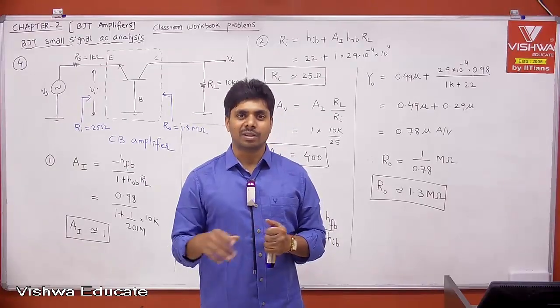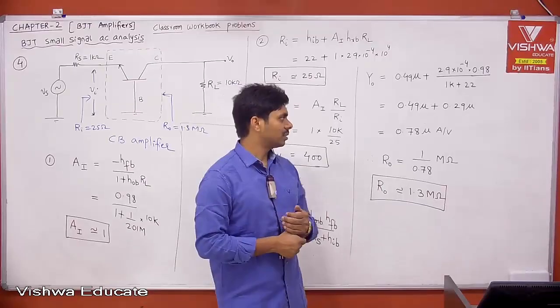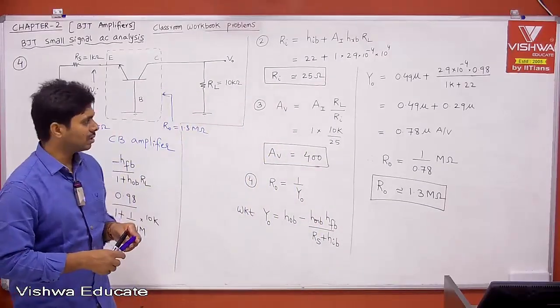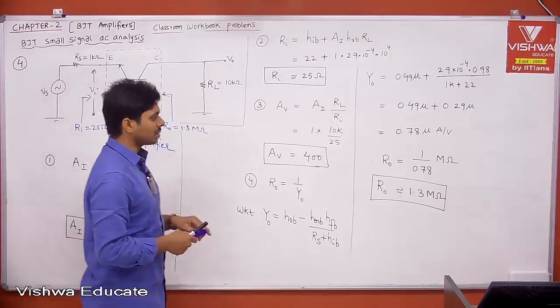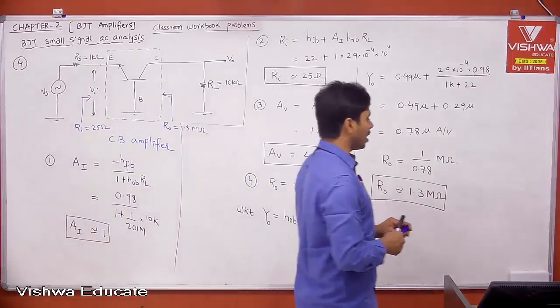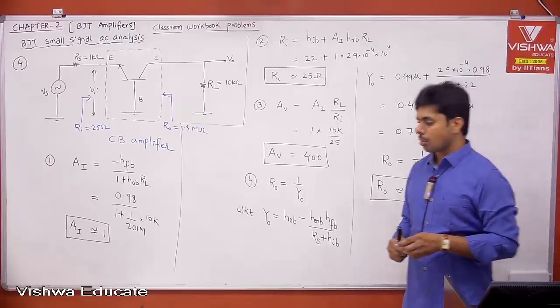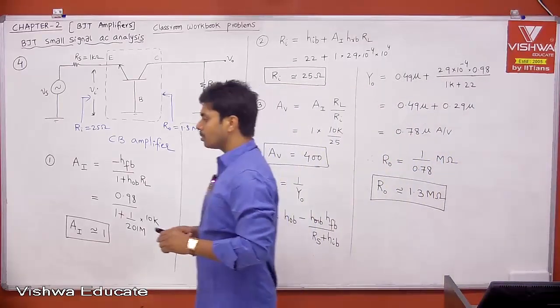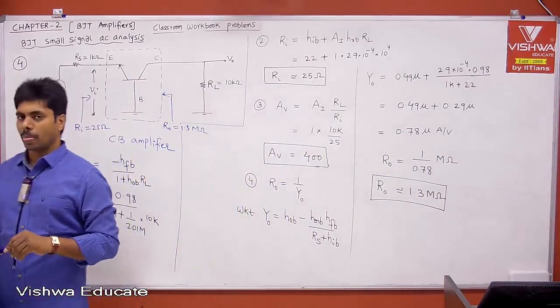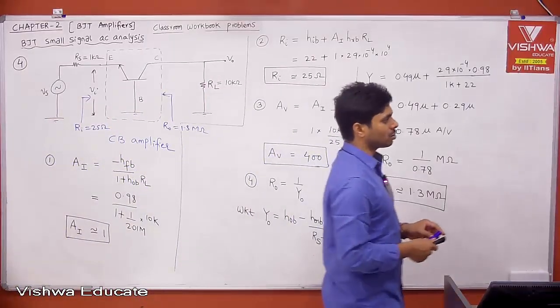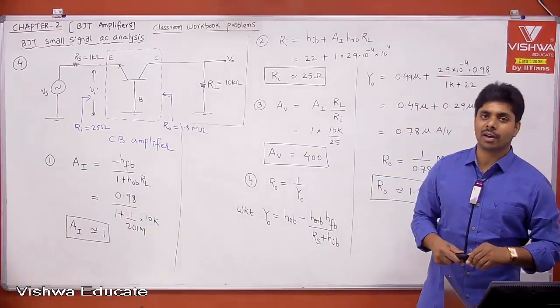Now write down. Common base amplifier is also called a current buffer amplifier.